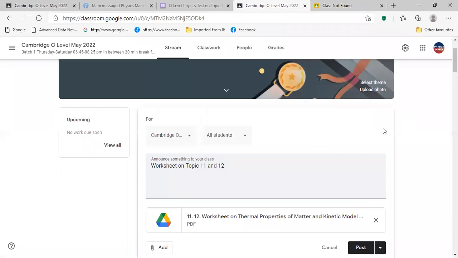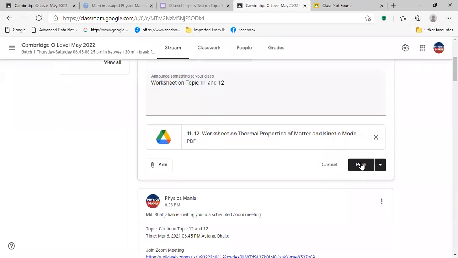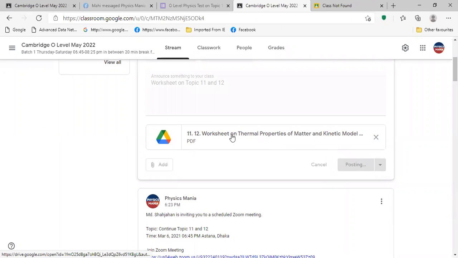It's a big worksheet because it covers two topics together. You will have lots of examples and lots of practice here.